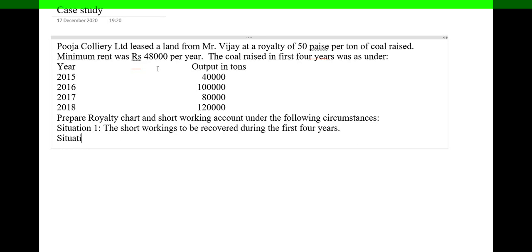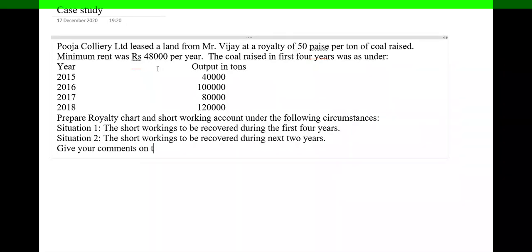Then situation 2, here the short workings to be recovered during next 2 years. Give your comments on the treatment of short working in the above situations.